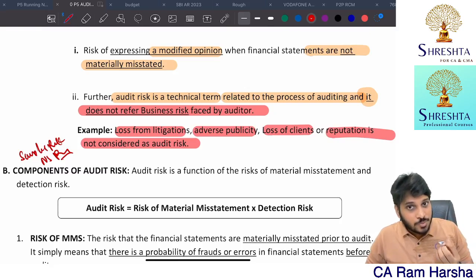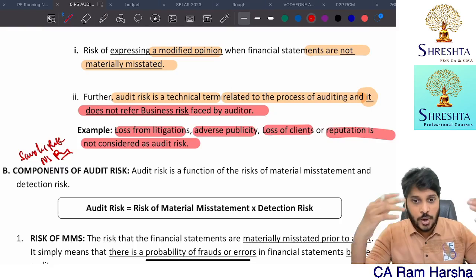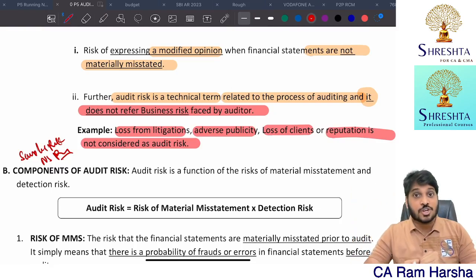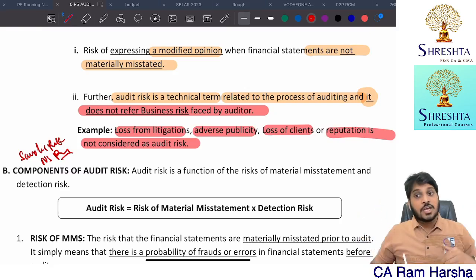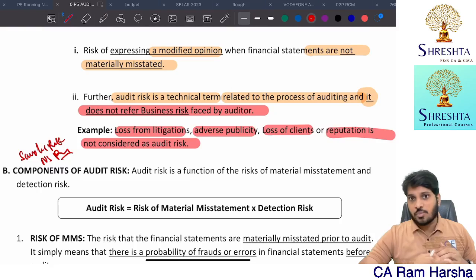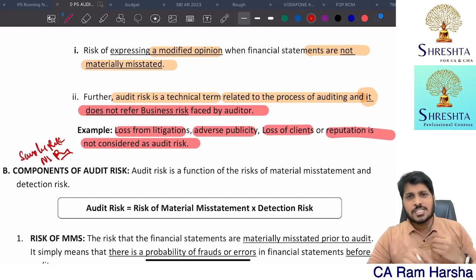Sometimes the sample which we selected may not identify all the material misstatements in the financial statements. In such a case, you accept the entire financial statements are true and fair when in fact they are not true and fair. Getting it? You accept internal controls are working super efficiently when in fact they are not. That's called risk of over reliance, sampling risk. Remember, sampling risk topic. So sampling risk is one of the reasons.